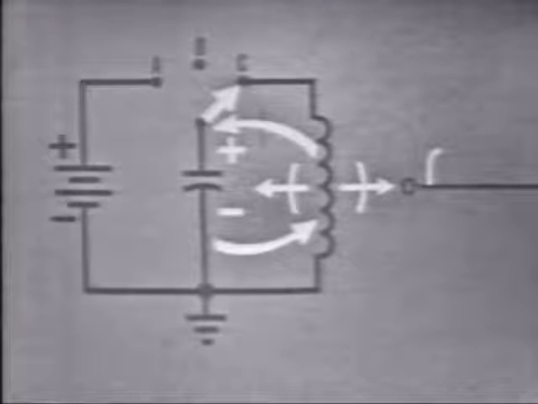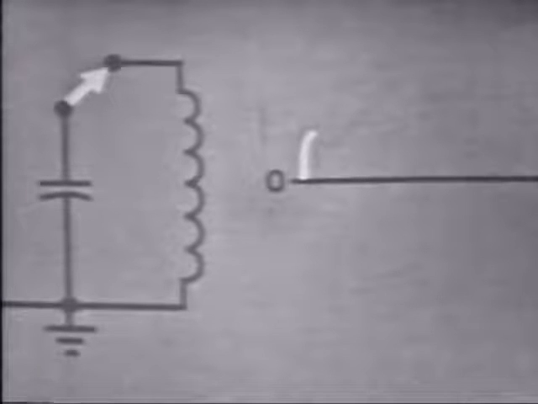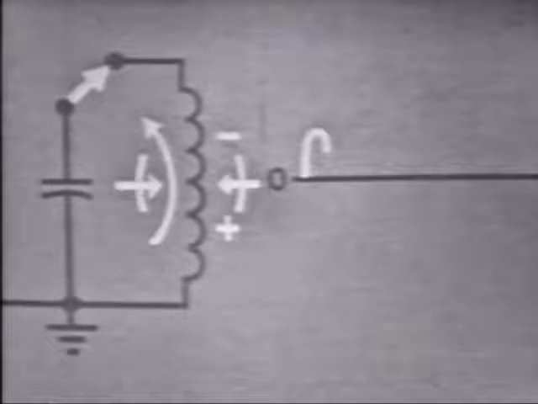At the point when the charge on the capacitor is almost depleted, the amount of current begins to decrease. At the instant current begins to decrease, the coil will oppose this change. That is, the field will begin to collapse, reversing direction, thus reversing the polarity of the induced voltage, causing current to flow in the same direction.